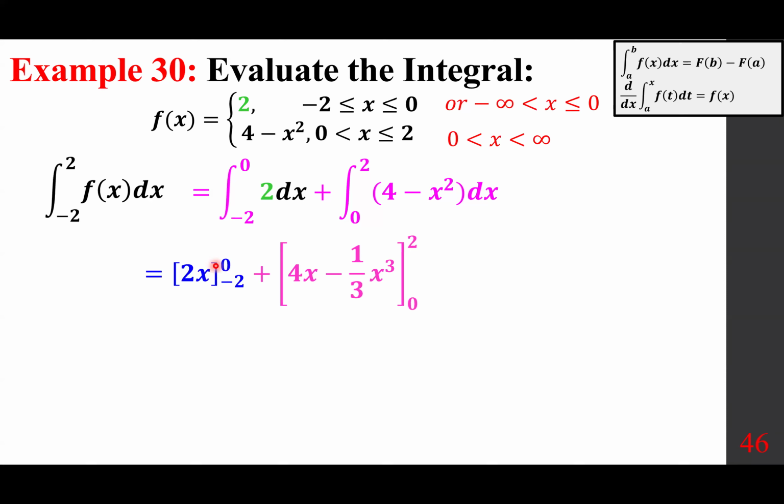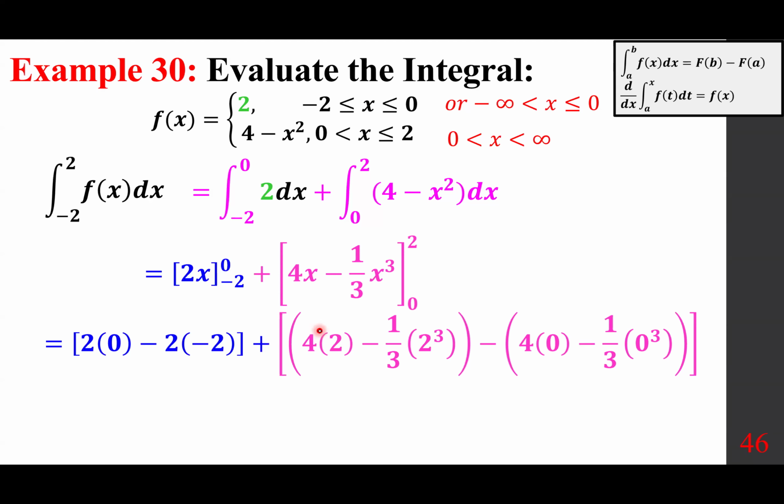Now we plug in 0, 2 times 0, minus, we plug in -2, minus 2 times -2. This one, 4 times 2, minus 1/3 times 2 cubed, and then 0 gives you 0. So this is what we get.